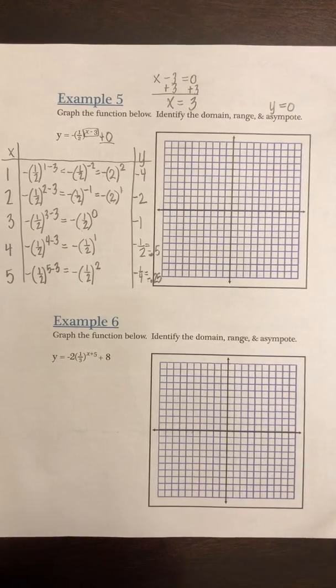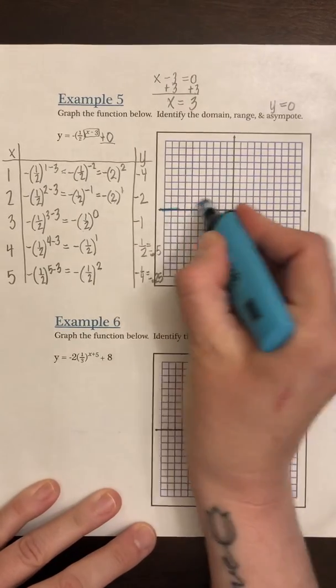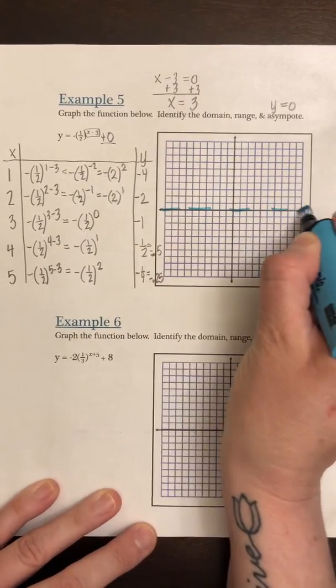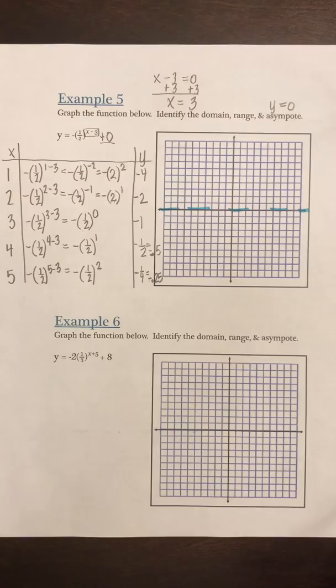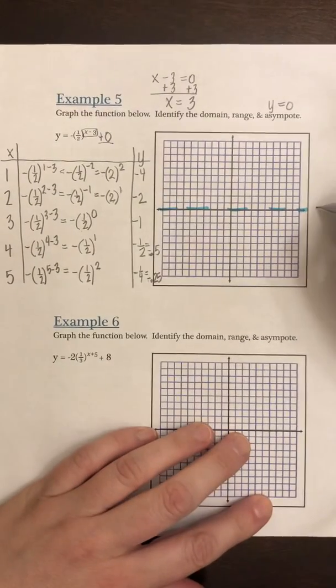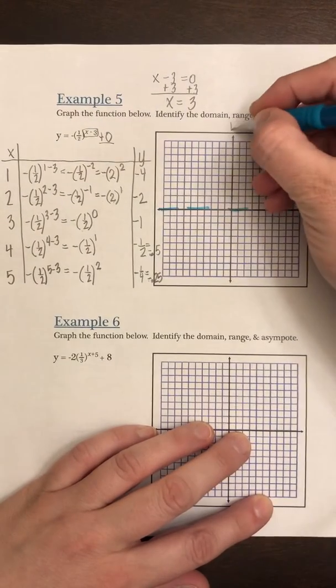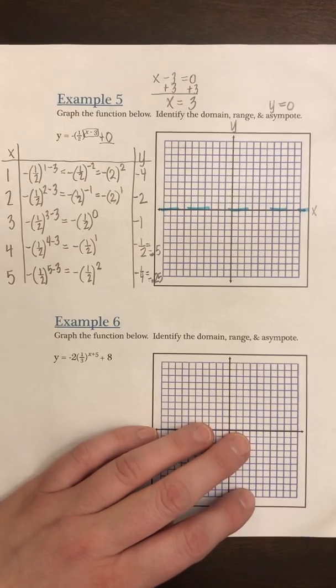All right, we've already identified our asymptote as y equals 0, so I'm actually going to go ahead and put that on my graph so I know what my graph is going to get close to. I'm also going to go ahead and label the x-axis and the y-axis, and now I'm going to plot some points.